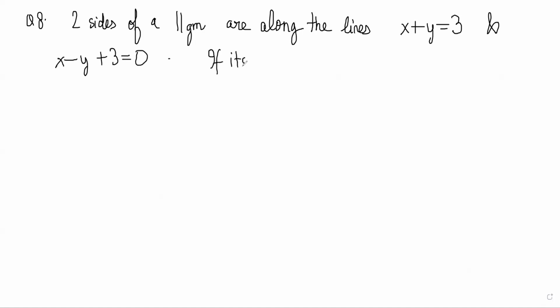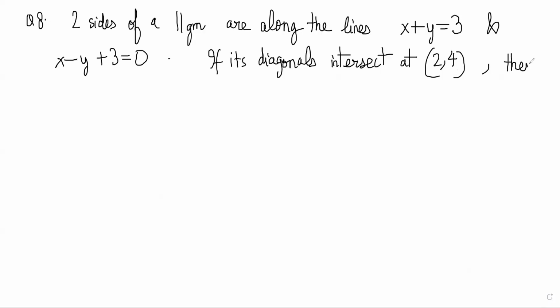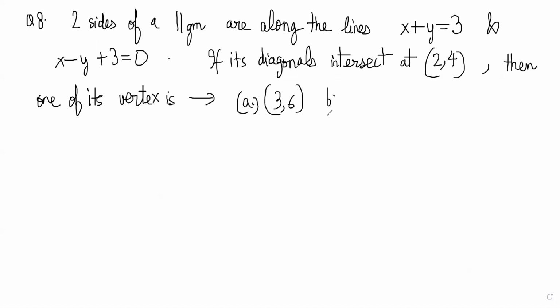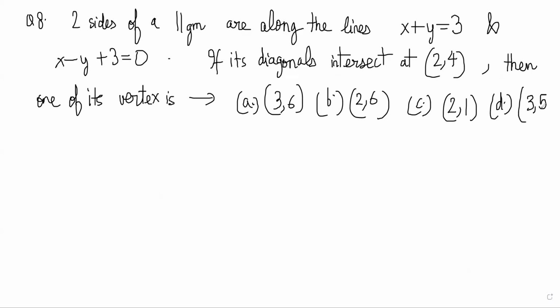If its diagonals intersect at 2, 4, then one of its vertex is, we have some options, 3, 6, 2, 6, 2, 1, and last option is 3, 5.